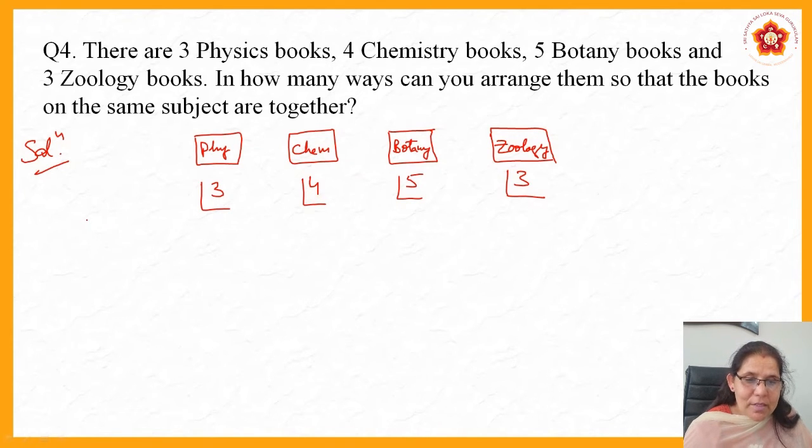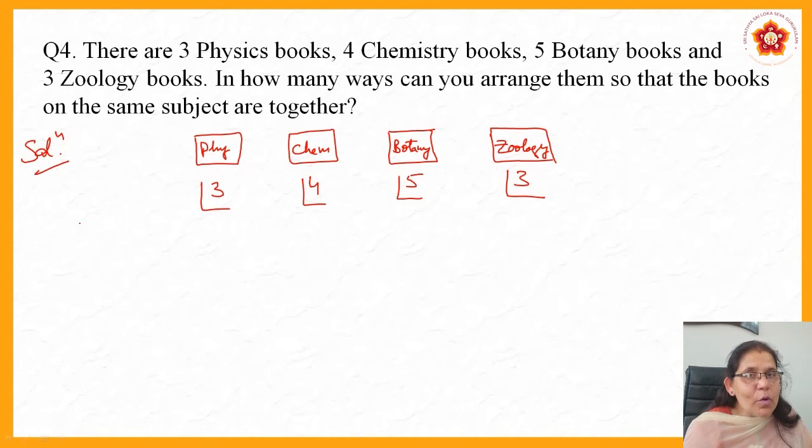So that means we can now consider all books of physics as one unit, all books of chemistry as second unit, all books of botany as third unit, and all books of zoology as 4 units.